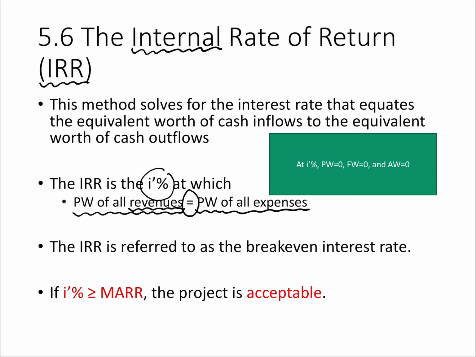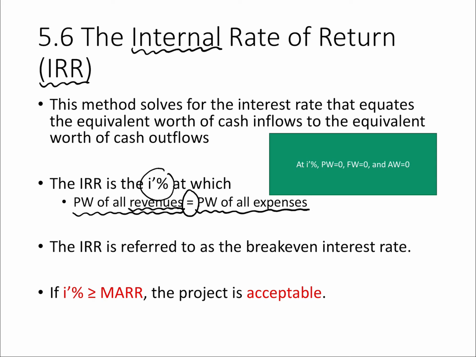You can imagine you have some factors on the left side and some factors on the right side, and what you don't know is the I percent. You know the cash flow, you know what factor you're going to use, but you don't know what I makes them equal to each other. So you solve that equation to find the I prime percent.